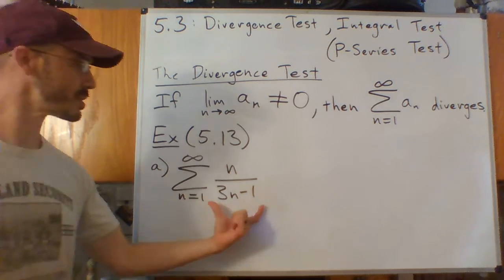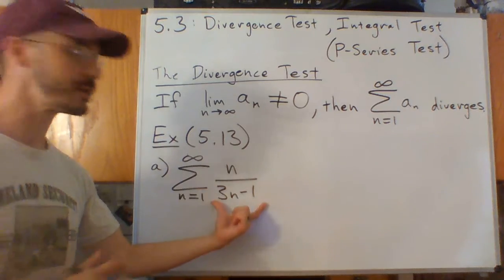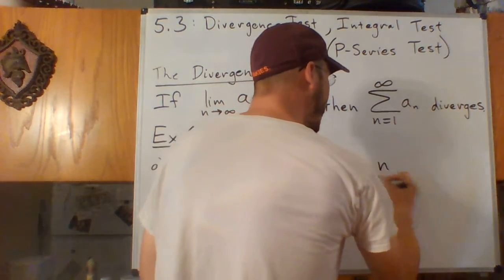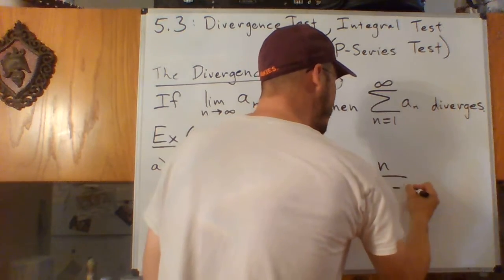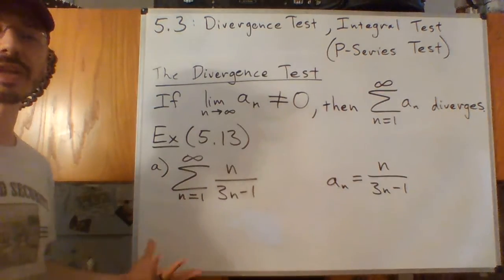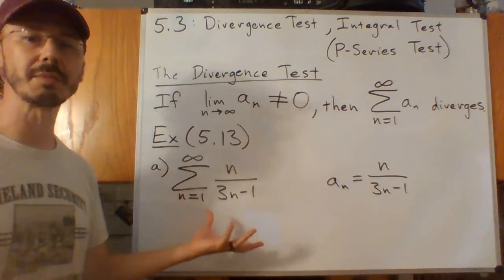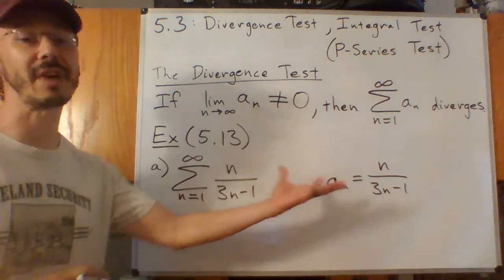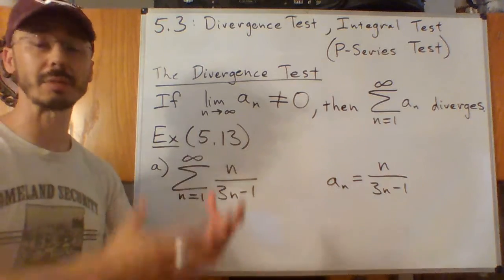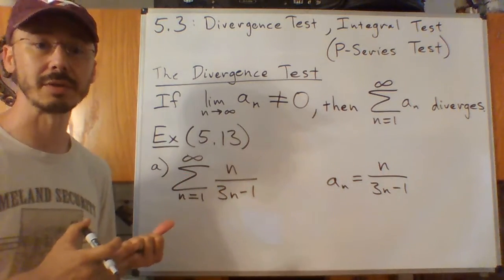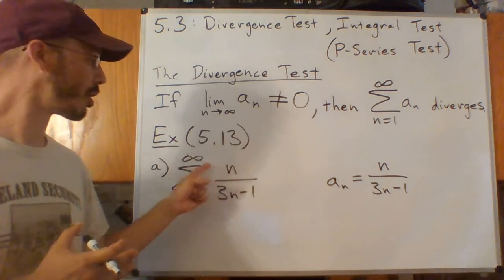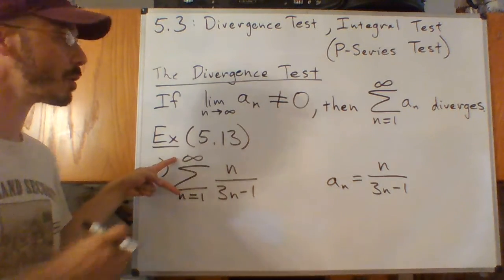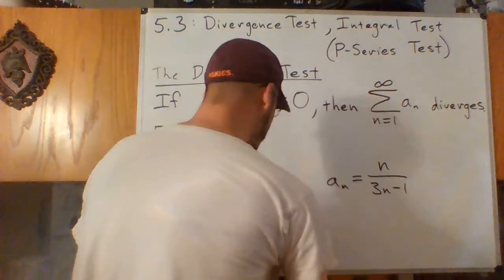So the terms, say my a_n are n over 3n minus 1. You could work out several terms of that, but working out finitely many terms, you still can't tell if it converges or diverges. Of course, a finite number of terms is going to add up to a finite real number. But for all infinitely many of the terms in the sum, we can use the divergence test here.